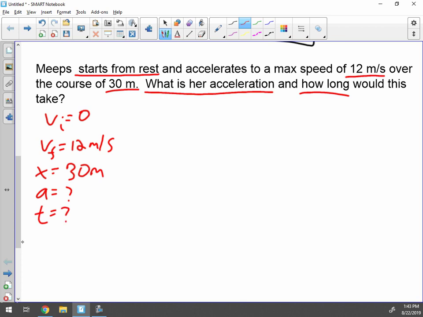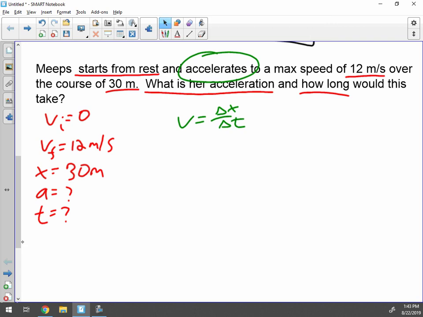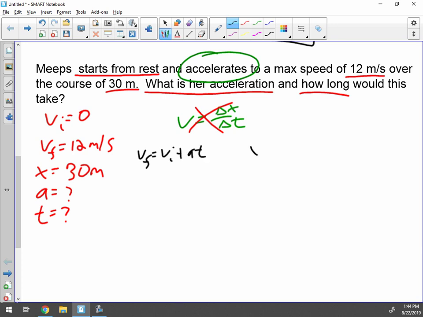Once again, because I see this word accelerates, I know that this equation will not work. I can't use it. So because I can't use that one, I'm going to use the other two. I'm going to put them side by side again, and I'm going to start plugging in my numbers.